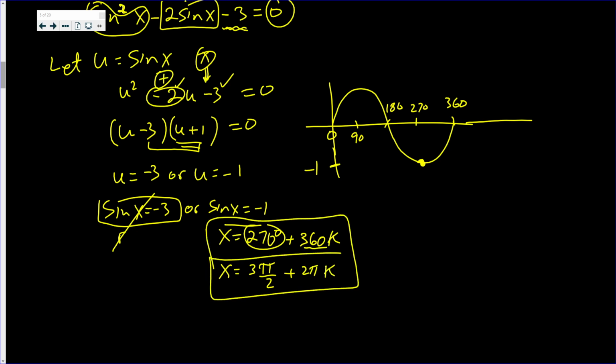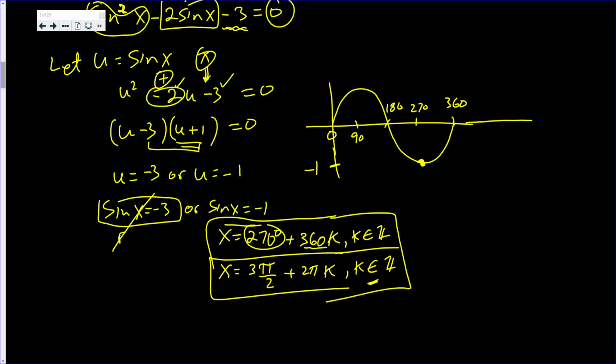These are one answer. They're not two different answers. They're the same answer. And I guess I didn't do it in the last problem, but I should have. We should say k is an integer. K is a member of the integers.